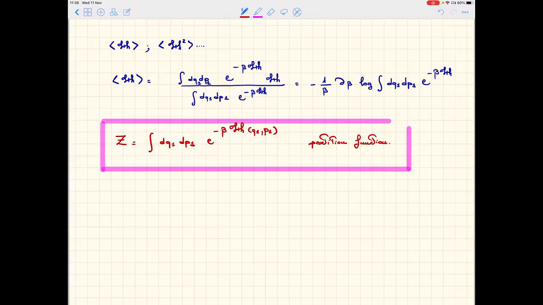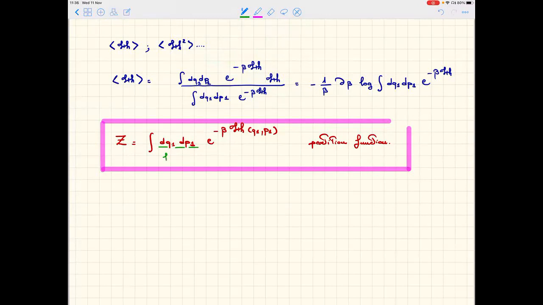Exactly, because a log has to be dimensionless. Therefore, also here we have the same problem we had before, that we have something dimensionful and we don't want it to be dimensionful. Therefore, as before, we have to normalize this.